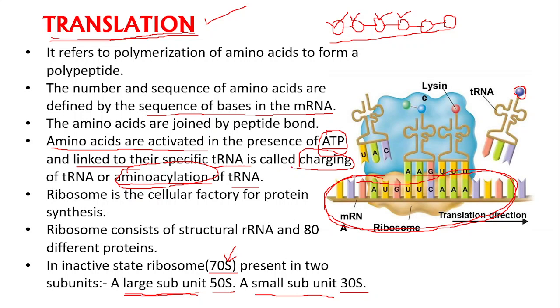That means charging of the tRNA, where the activated amino acids get attached to the amino acid binding site of the tRNA. This process is called aminoacylation of the tRNA.